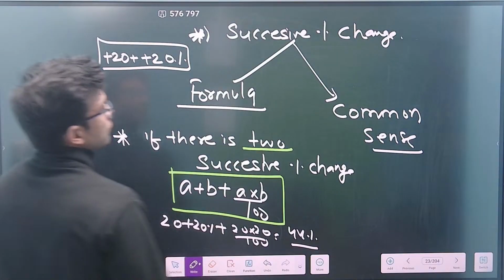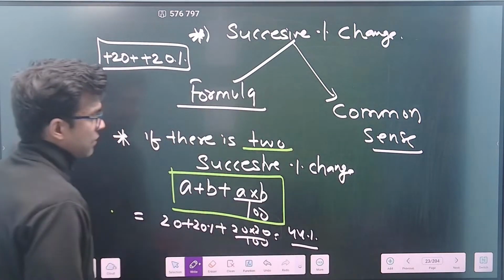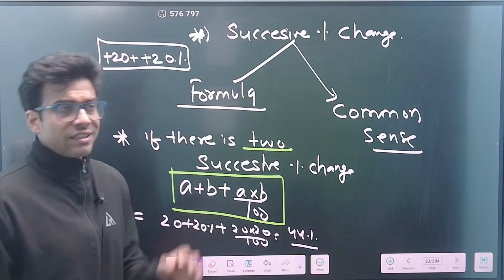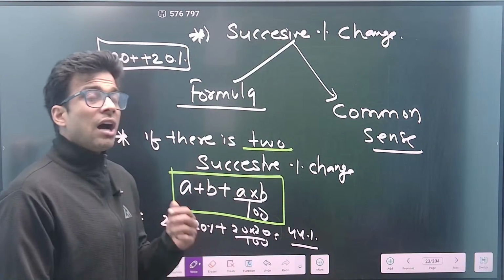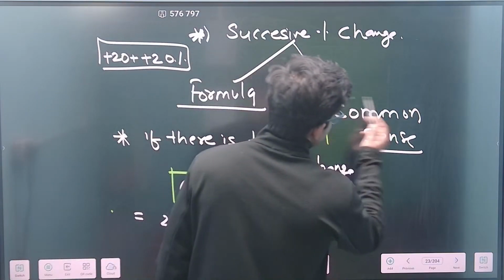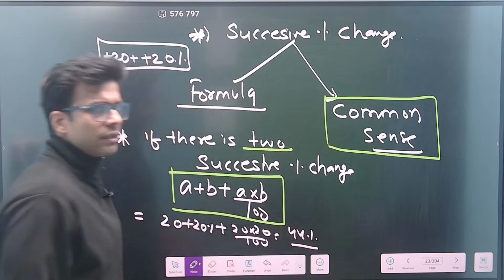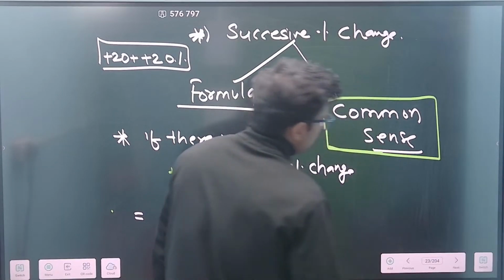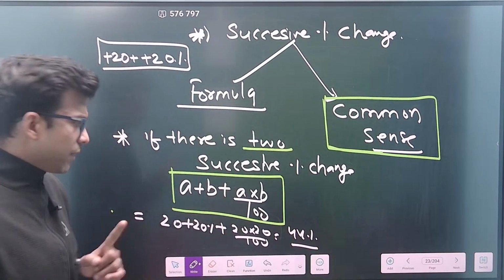What if there are three successive percentage changes? There is a formula, I'm not saying there is no formula. But how many formulas will you learn? So better to have an understanding of common sense. If you have common sense, you can solve any question. Everyone is getting my point?